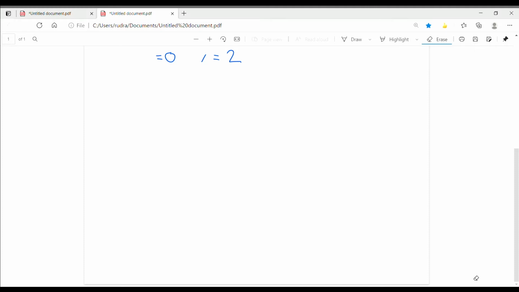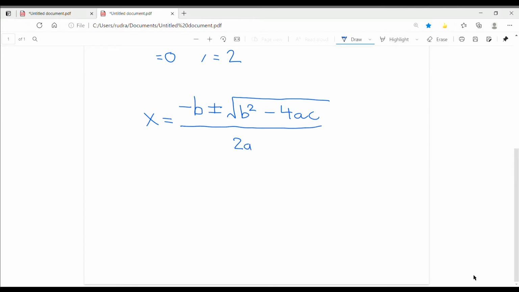The quadratic equation is basically x equals negative b plus or minus the square root of b squared minus 4ac, over 2a.